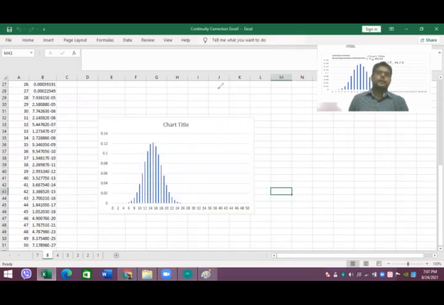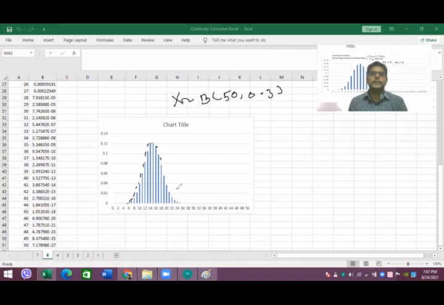Now what if you further increase the number of trials in the binomial distribution to 50, with the same probability? You can see that its shape is very close to the normal distribution, and if you calculate n times p, you will find that n times p is bigger than 5 and n times q is also bigger than 5.